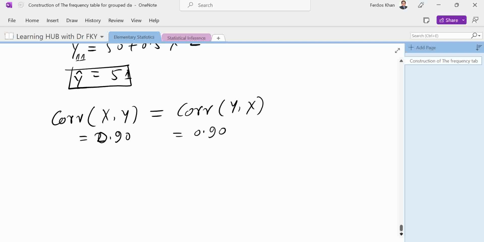On the other hand, the regression coefficient may not necessarily be symmetric. This means that y is equal to alpha plus beta x. Suppose this is the estimated equation.